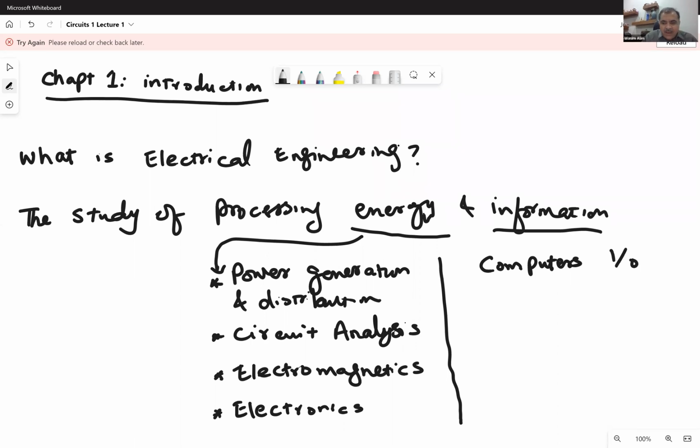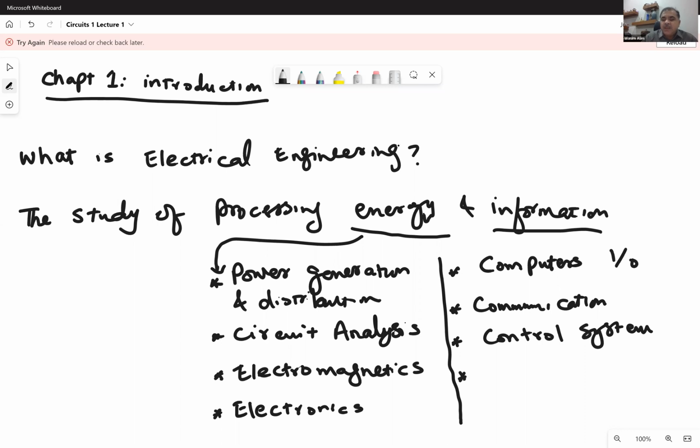Other areas that are information processing, of course, are communication. That'll be your cell phone data. Similarly, control systems. A lot of industrial applications are certainly using control systems, and a lot of automation is very important to our industry.